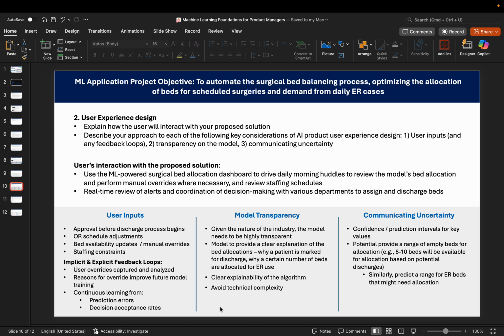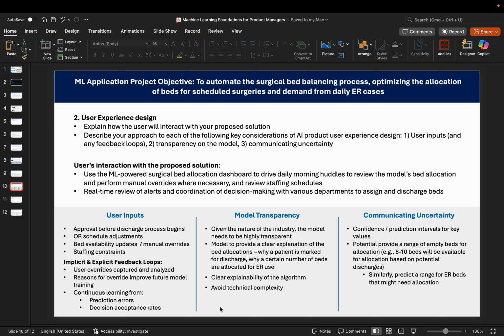The user inputs will be pretty much throughout the process, in terms of first approving before the discharge process of a patient begins, because you don't want a machine learning algorithm making those decisions. And this is where the human in the loop comes in. Or schedule adjustments that need to be made, bed availability updates, and manual overrides, as we talked about before, and the staffing constraints.